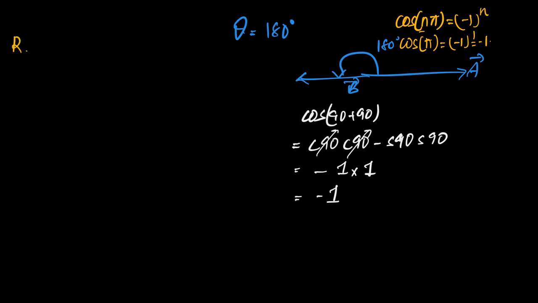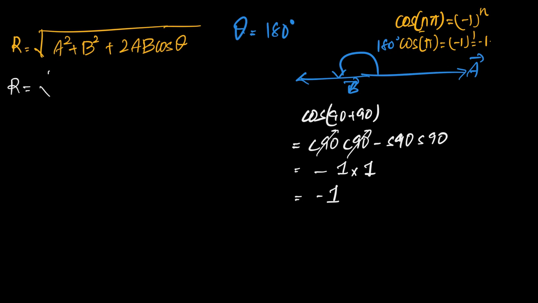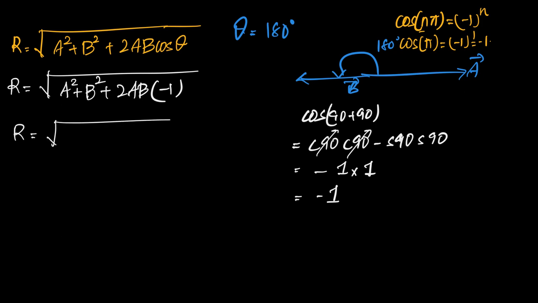Now, what is r equal to? R is equal to root of a square plus b square plus 2ab cos theta. What is cos theta? It is minus 1. So r is equal to root of a square plus b square minus 2ab.